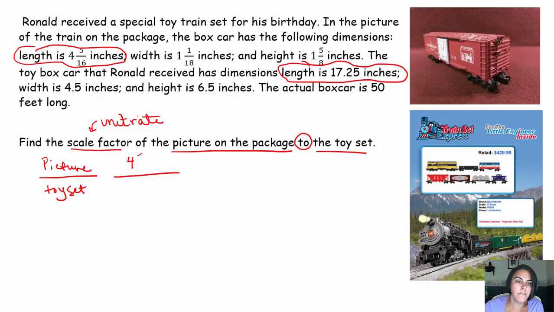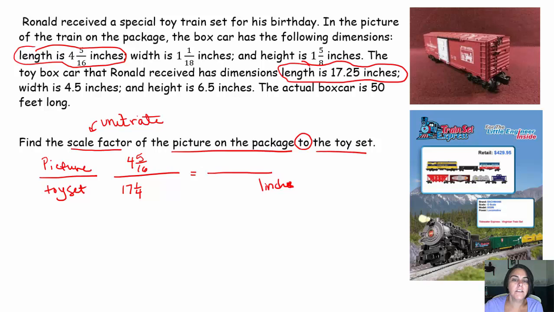So it's 4 5/16 of an inch in the picture, and the boxcar length, the toy boxcar, is 17.25 inches. I'm just going to rewrite that as a mixed number, 17 1/4 inches. And to find our scale factor, our unit rate, it means per 1 inch.